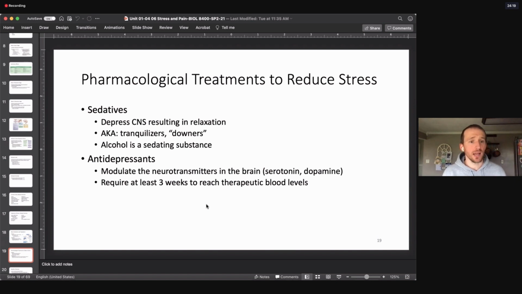Alcohol can be a sedating substance, and you can see that sedatives may work in some cases, but they also carry with them potential for abuse or over-medication at the behavioral level. Antidepressants also work. Depending on the type, they modulate neurotransmitters in the brain, serotonin and dopamine. Antidepressants carry with them the fact that the effect might not manifest itself until it's reached a therapeutic concentration in the blood.